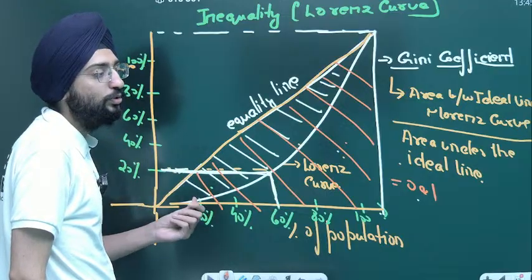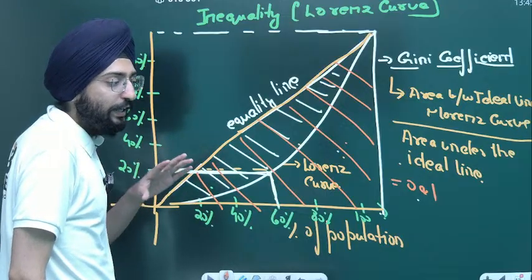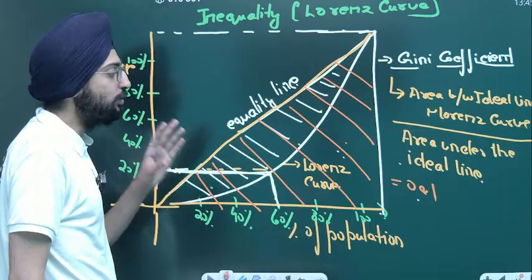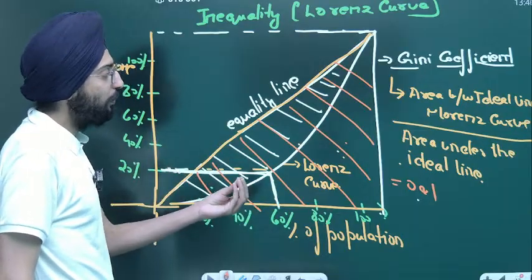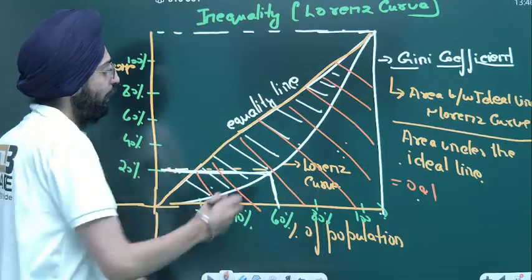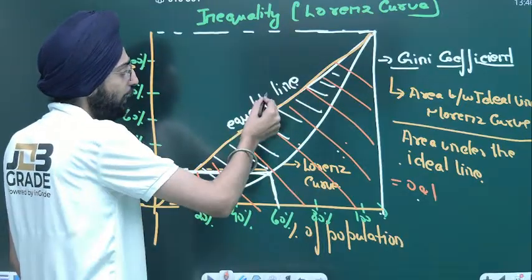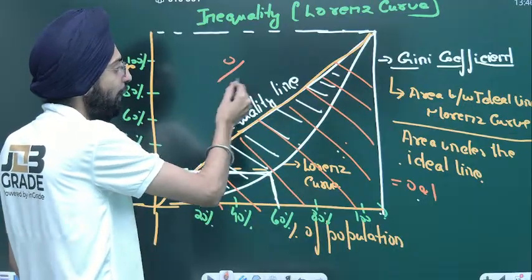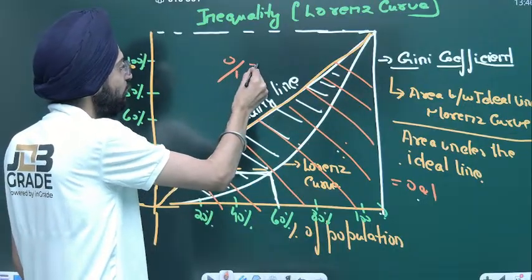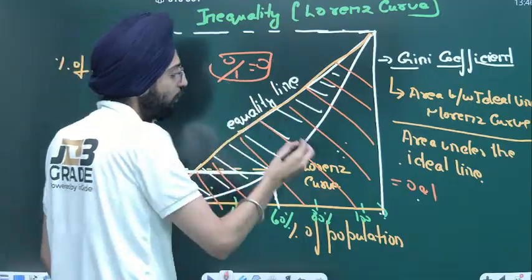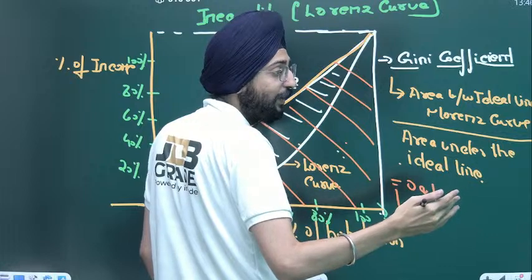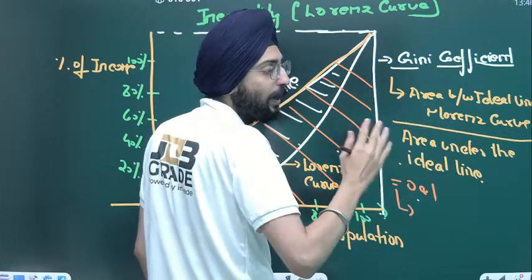The resources are not evenly distributed among the sections of the population. If the Lorenz curve is drawn over the ideal line, the area between them is 0, and the coefficient will show 0. So 0 depicts perfect equality, which is very ideal, very utopian. It doesn't happen in real life.